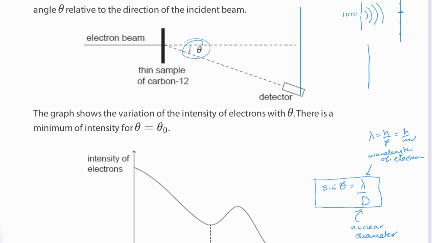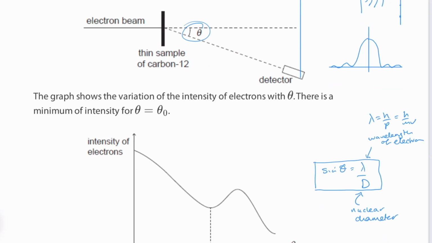And in fact, the intensity pattern looked like this. If you remember, that's from the waves topic. So if you diffract a wave through a small slit or around an obstacle, you get an intensity pattern on the screen that looks like that.